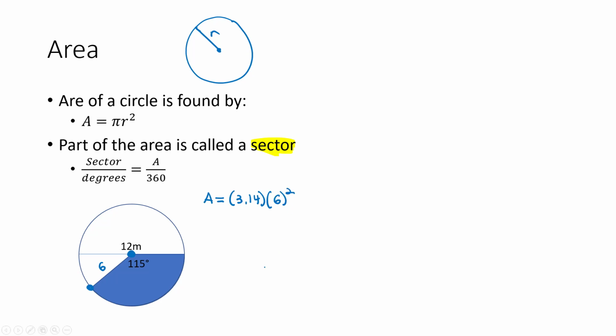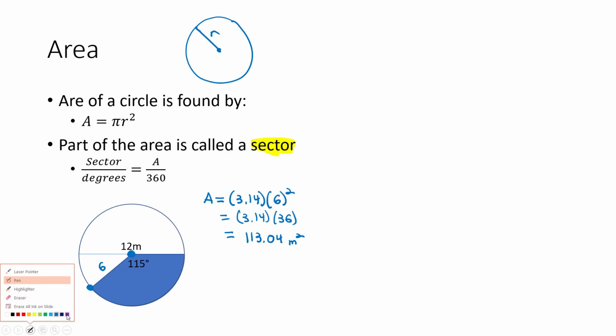So the area is 3.14 times 6 squared, or 36 times 3.14, which would probably be better to write it, keep everything in order. 3.14 times 36. So the area of the entire circle on my calculator is approximately 113.04 square meters.